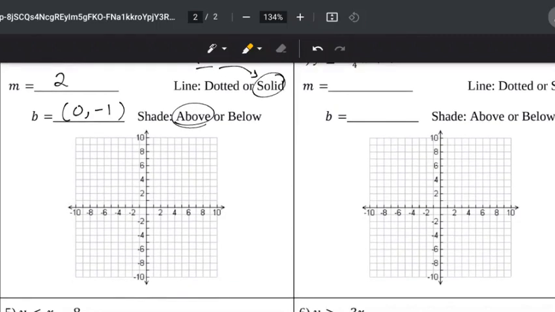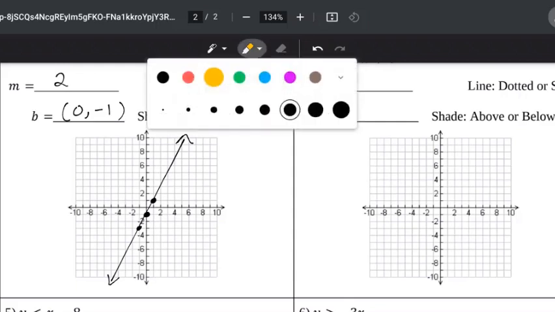Graphing our y-intercept first, (0, -1). Our slope of 2 means up 2 to the right 1, or down 2 to the left 1. Again, we are graphing a solid line. All right. Grabbing my highlighter, time to shade.